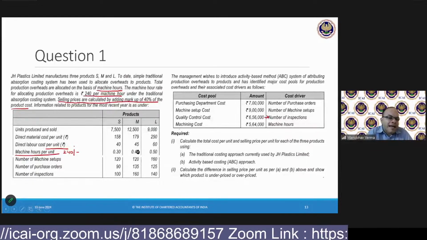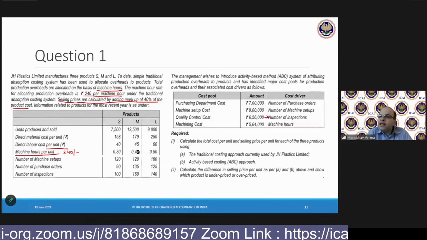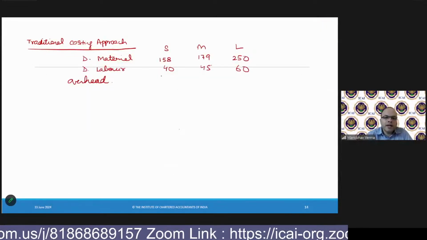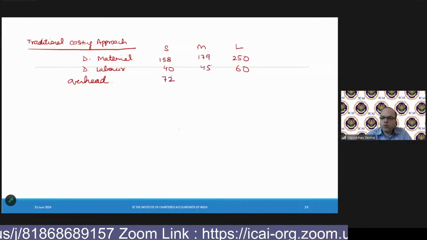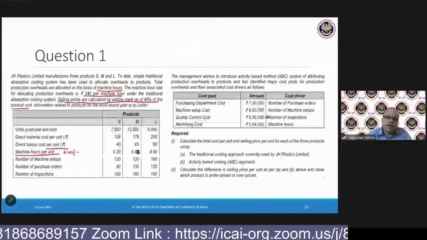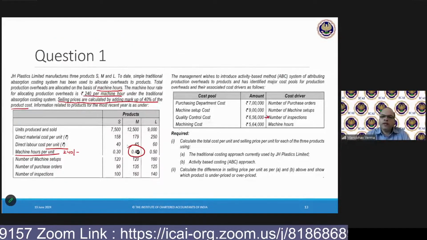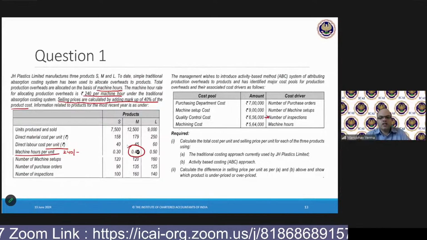So for example, for product S, we're talking about 0.3 hours per unit, right? So 240 into 0.3 then becomes 72. 240 into 0.40. How much do we arrive at? 96.